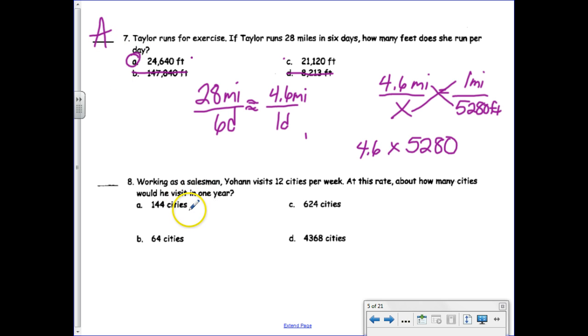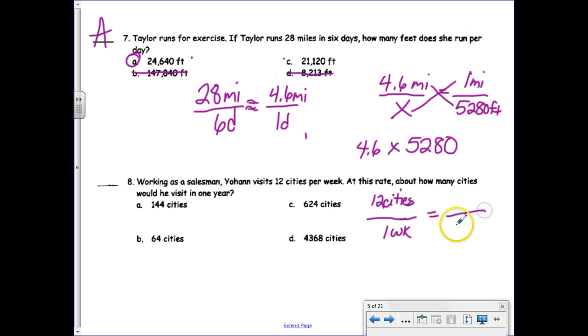All right, moving on to number 8. Johann visits 12 cities per week. At this rate, about how many cities would he visit in 1 year? So I happen to have this relationship, 12 cities in 1 week is how many cities in 1 year?